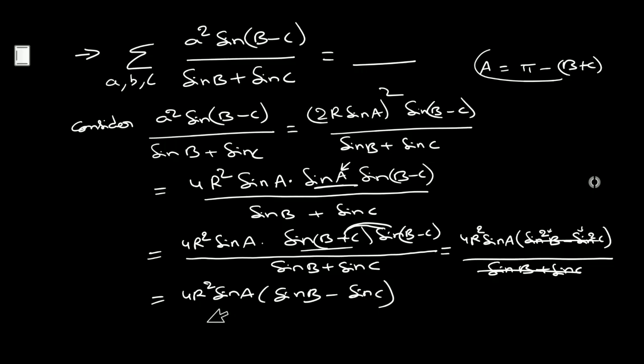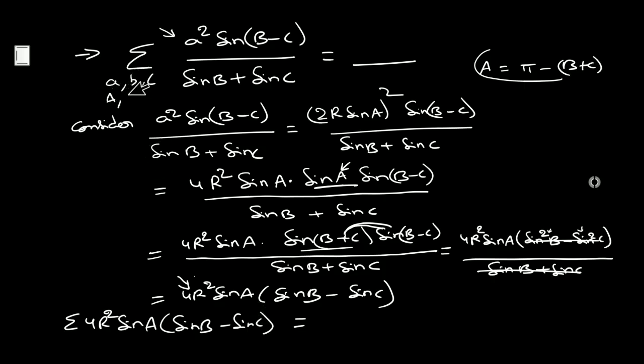For this we need to apply sigma. If you want to apply sigma for this, it is enough to apply sigma for this. So now sigma 4r square sin a into (sin b minus sin c). This we need to identify. Here we have to apply sigma for small ABC and capital ABC. So how do we expand sigma?